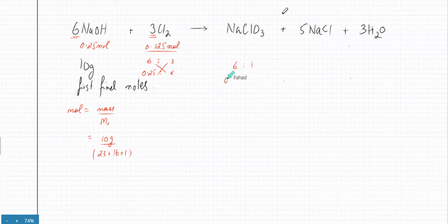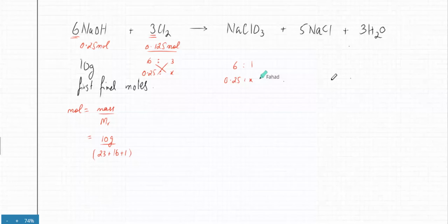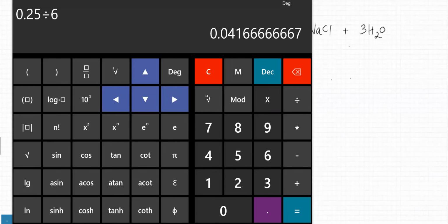So 0.25 would react with x. So it's going to come out to be 0.25 divided by 6. And this gives me 0.0417. 1 second, what's the value? 0.041.